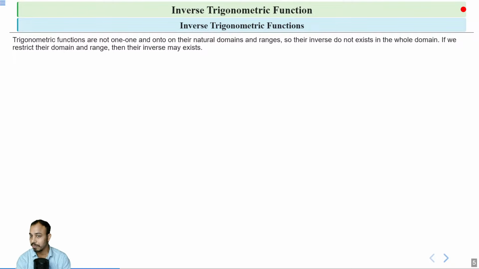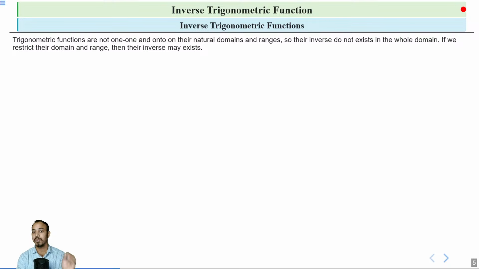The sin x function is a periodic function, so it is not one-one and onto in the whole domain. So we restrict the domain and range, and then the inverse may exist.